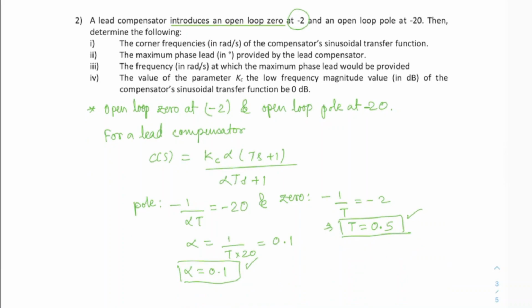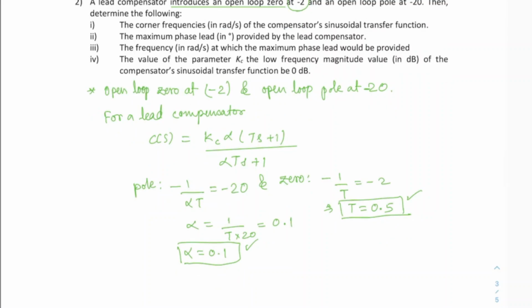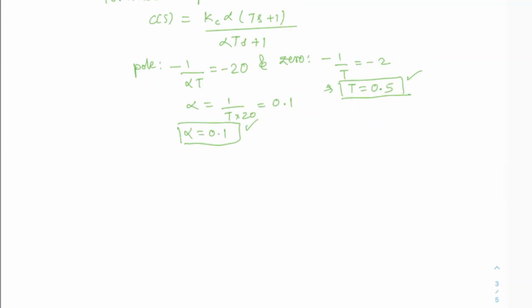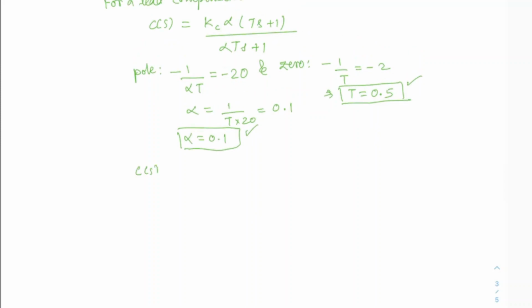Now we have been asked to determine corner frequencies in radian per second of the compensator's sinusoidal transfer function. So let's just write C of S first.